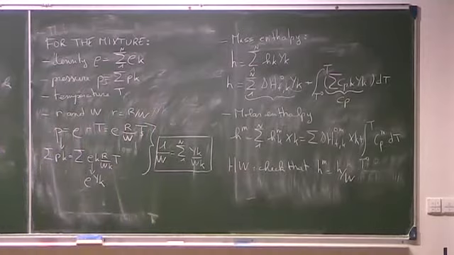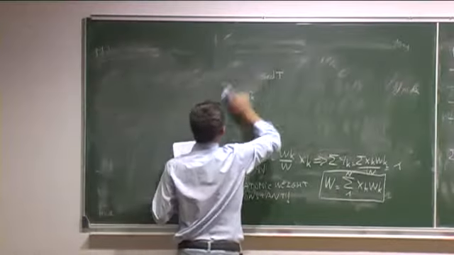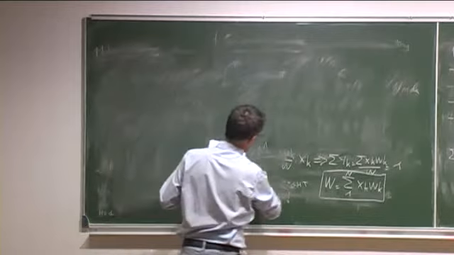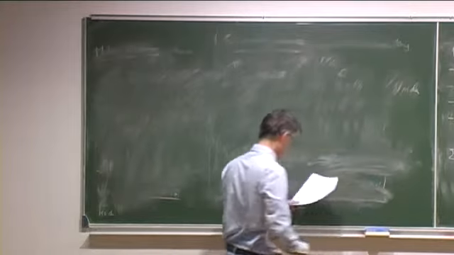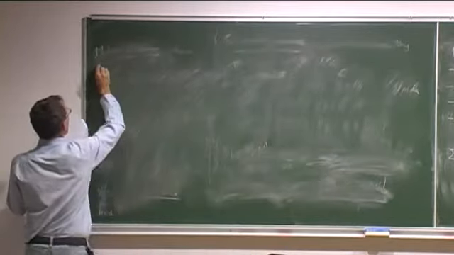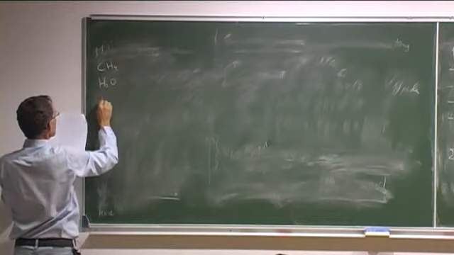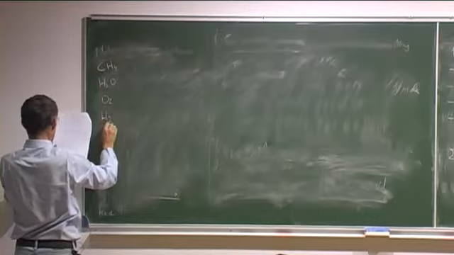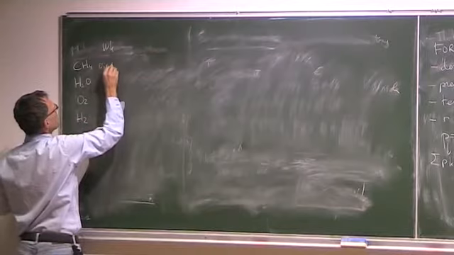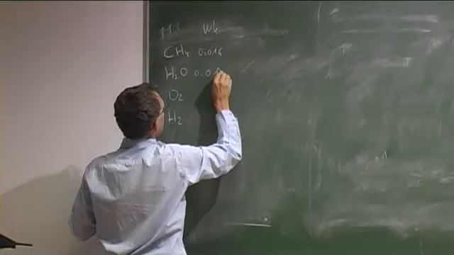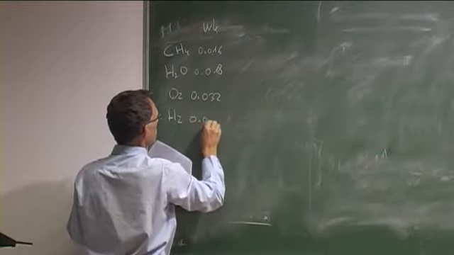Okay, so let's give a few numbers now. You will see that the Cpks, for example, can have really large variations, which is a problem in practice. So let's give CH4, H2O, O2, and H2. You have seen the Wks. I'm just going to write them again. So it's 0.016, 0.018, 0.032, 0.002.